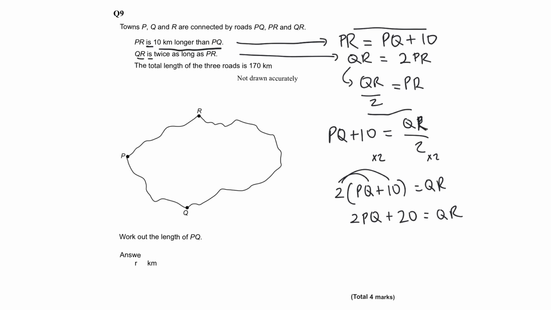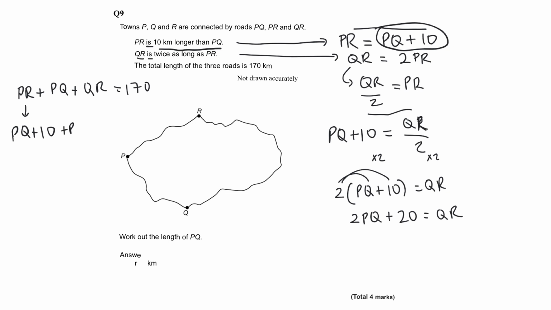The reason I've done that is because they all add together to equal 170 kilometers. So PR plus PQ plus QR is equal to 170. PR in terms of PQ is PQ plus 10, so I'm going to substitute that.